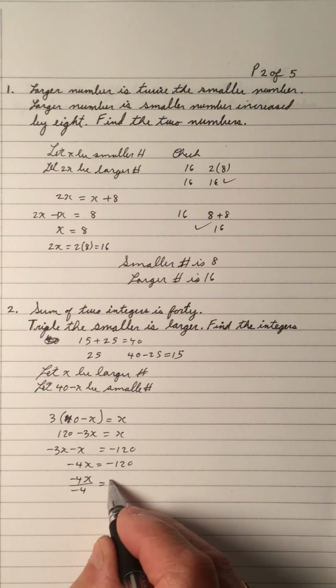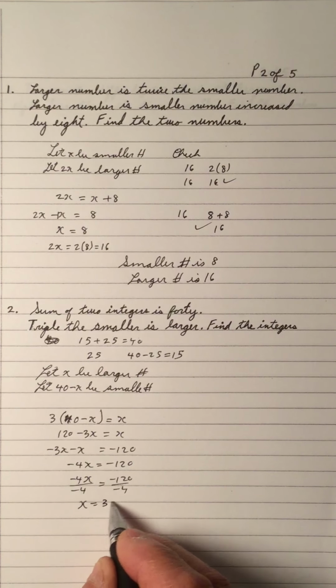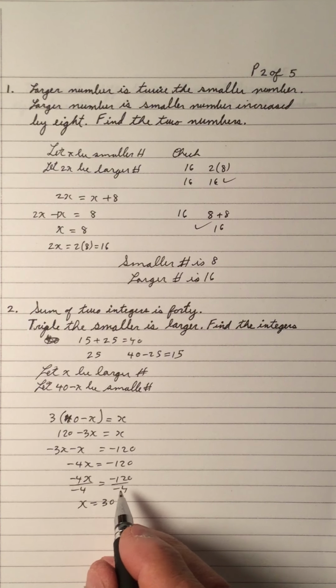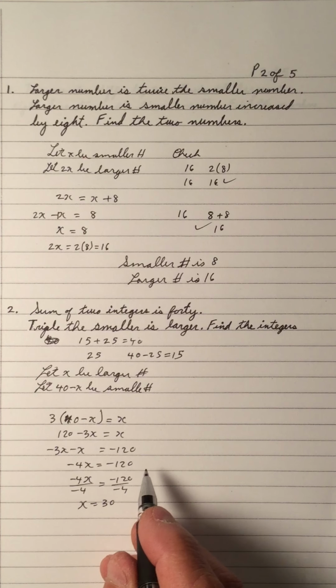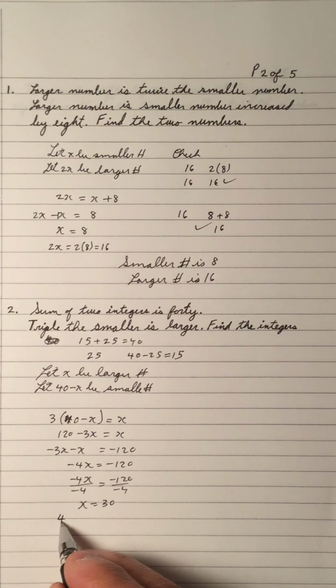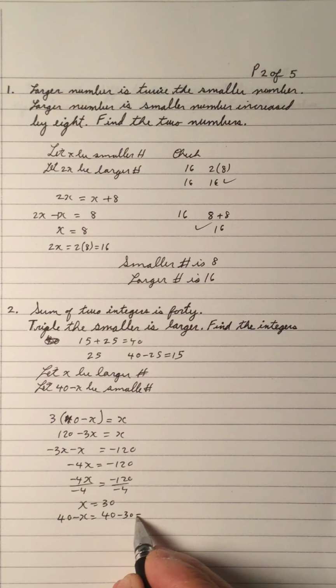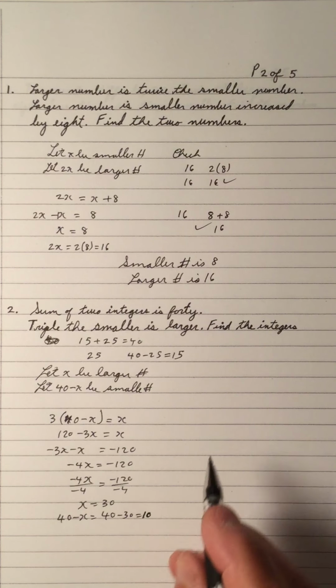Negative 4x divided by negative 4, negative 120 divided by negative 4, x is 30. The smaller number is 40 minus x, which is 40 minus 30, which is 10. So the larger number is 30 and the smaller number is 10.